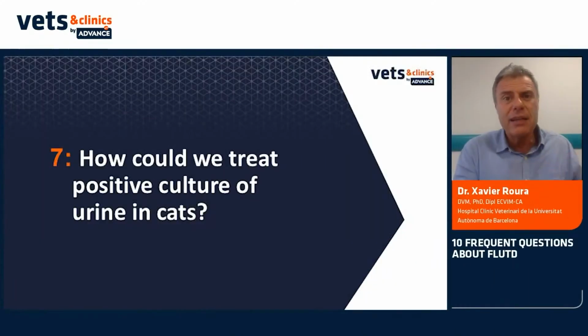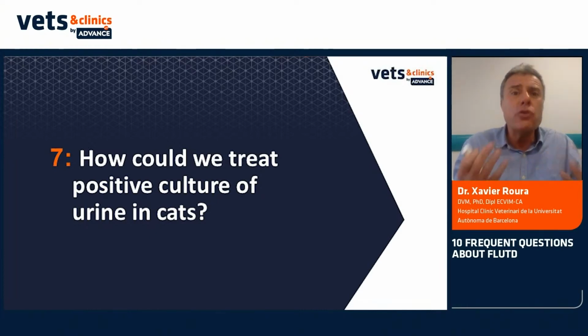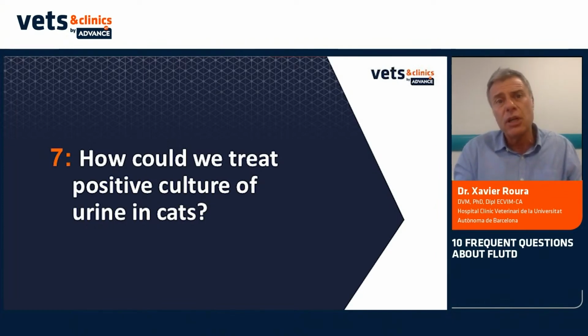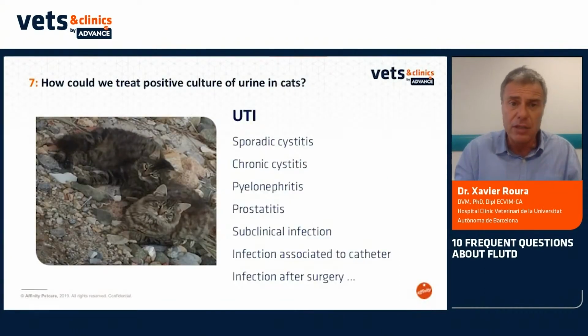Well, first, urinary tract infection looks like it is growing in cats. And second, the overuse of antibiotics in cats for other reasons, for example, to treat feline idiopathic cystitis, has produced problems in the approach to urinary tract infection, in dogs and cats, but now we are talking about cats.